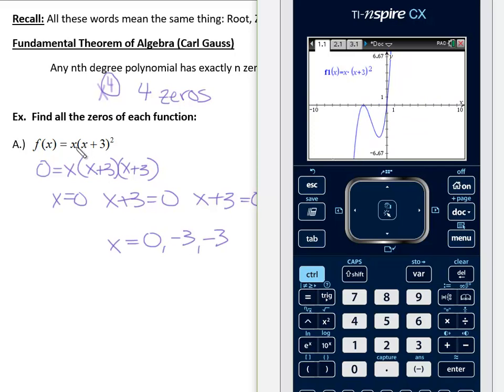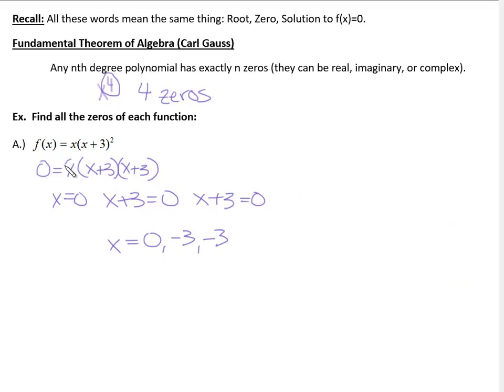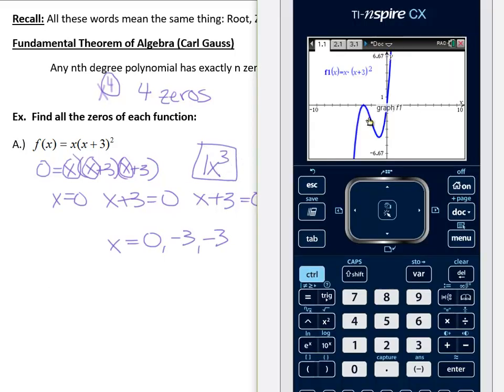If we were to multiply all of our x's here, x times x times x, that would give me 1x cubed. That would be my leading coefficient if this was in standard form. That also tells us about the end behavior, right? Odd degree, so the ends go in opposite directions. Positive leading coefficient, so the right side's going up. So lots of stuff to remember about that graph.